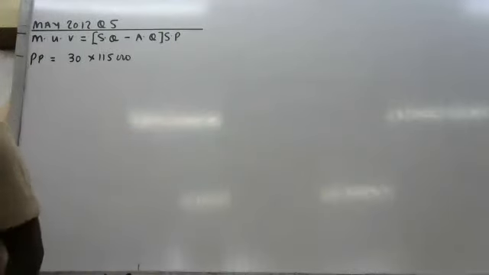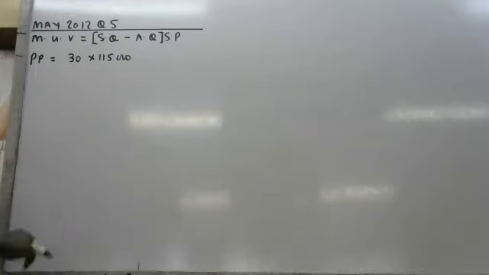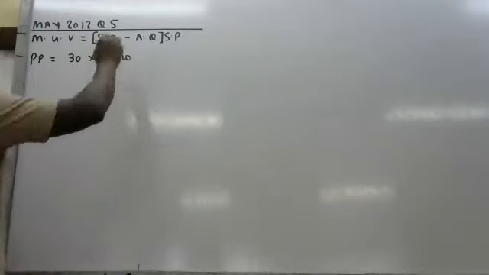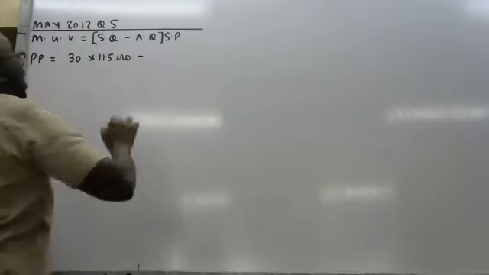So if it is per gram, you multiply by that minus the actual quantity.